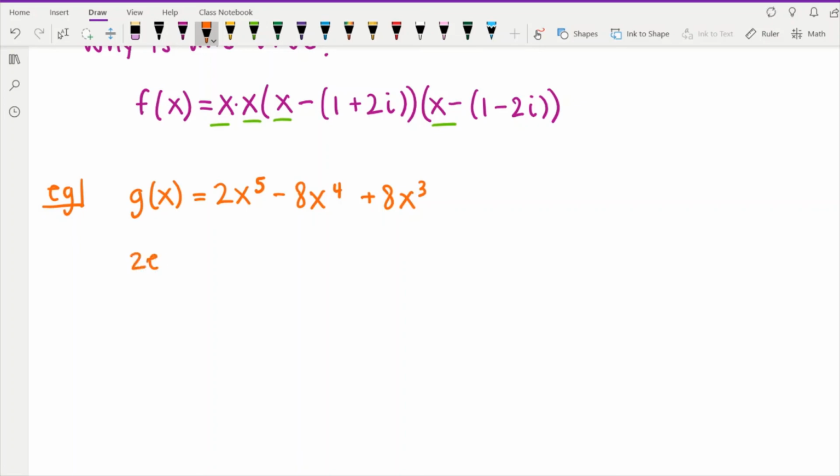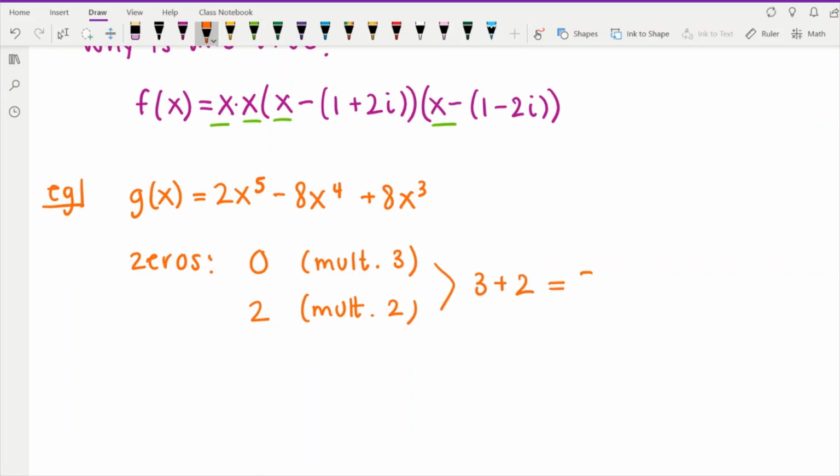We found that this polynomial had all real zeros: a zero of 0 with multiplicity 3, and a zero of 2 with multiplicity 2. If we add these together, we get 3 plus 2 is equal to 5, and that is the same as the degree.